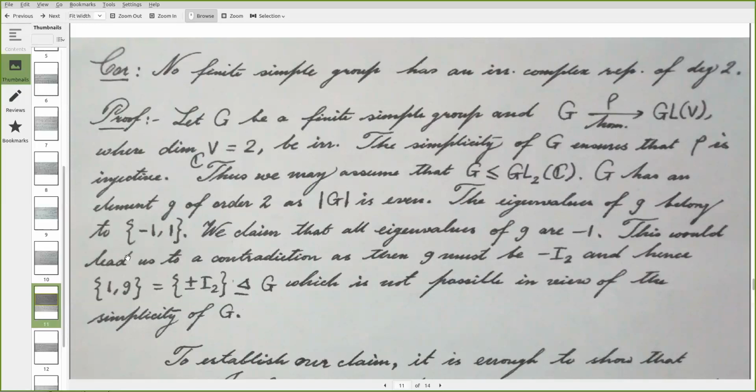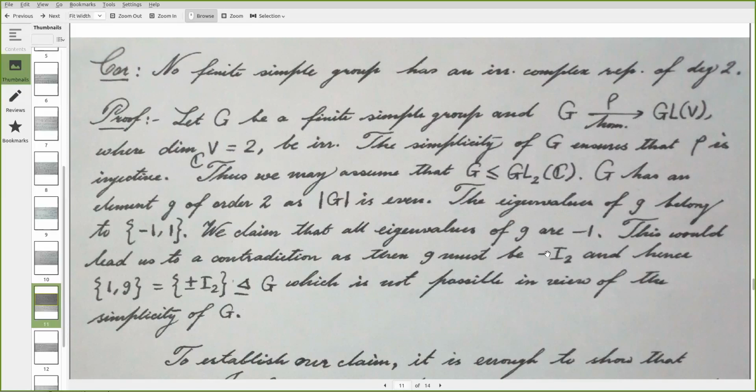We will show that all eigenvalues of g are minus 1. Suppose this has been done. Then try to understand what I'm saying: suppose we establish the claim that all eigenvalues are minus 1. Then it will be immediate that g has to be minus the identity.